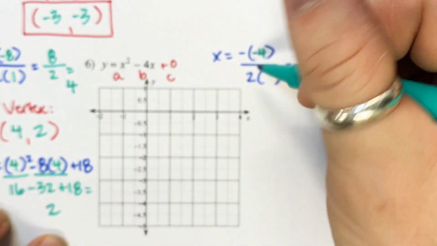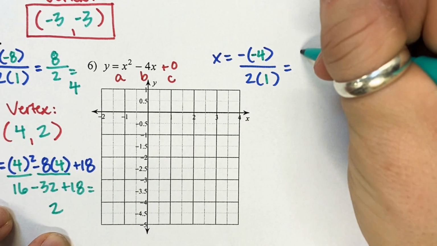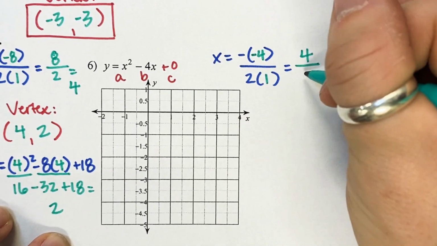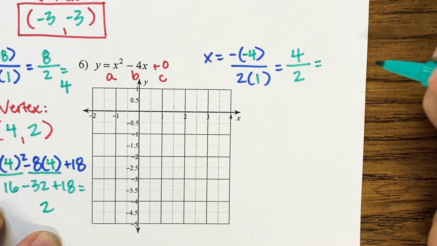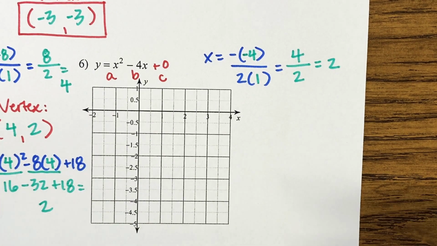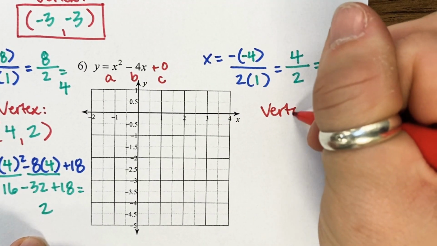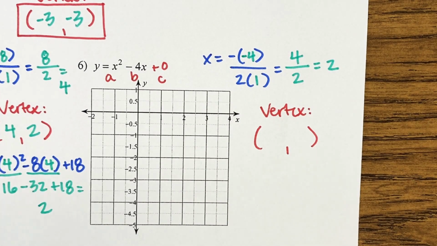2 times 1. Okay, so I get a double negative on top. That turns to a positive 4. Over 2 times 1 is just 2. 4 divided by 2 is 2. Okay, so we know in our vertex the x part is 2.